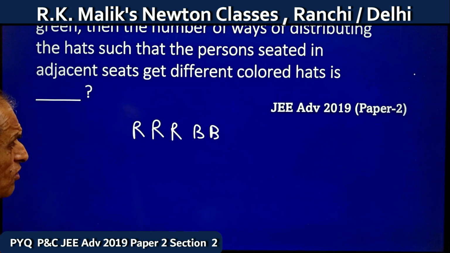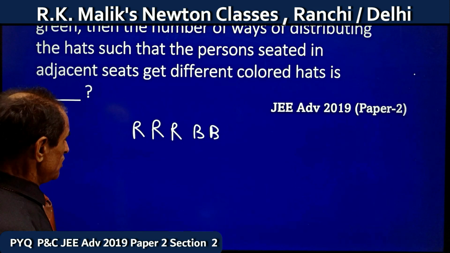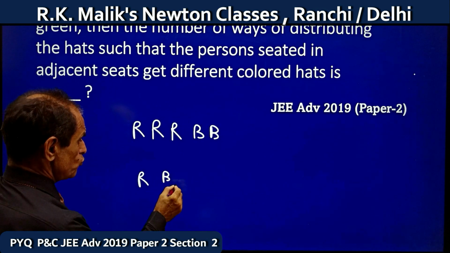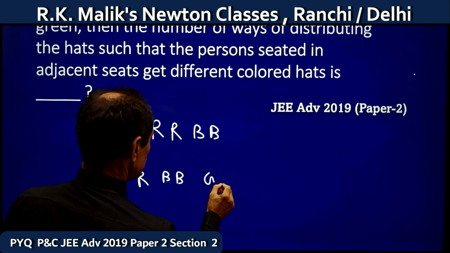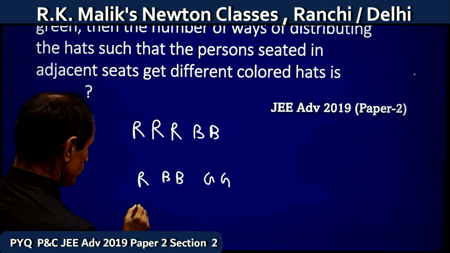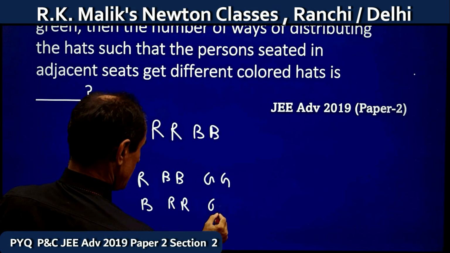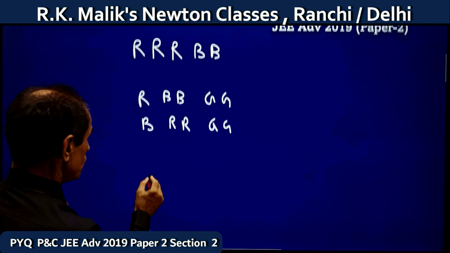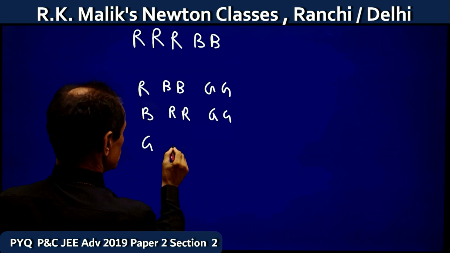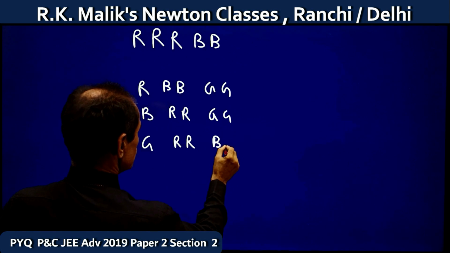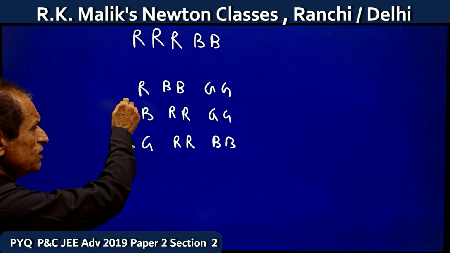Hence, the only possible case in which the condition gets satisfied is either one red, two blue and two green, or one blue, two red and two green, or one green, two red and two blue.